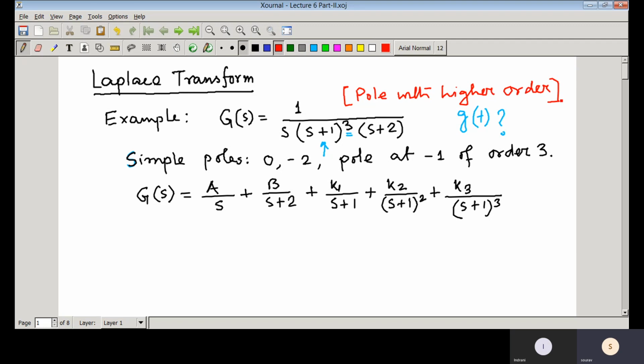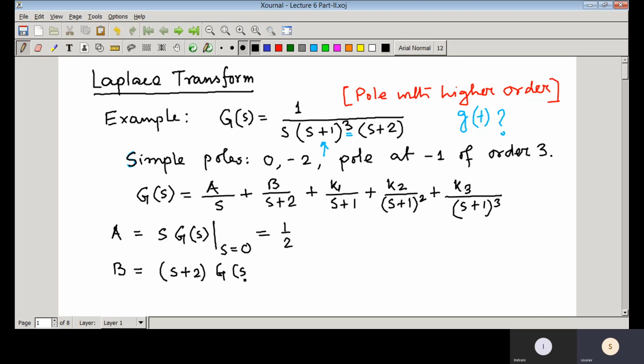Now, applying that Heaviside partial fractional formula, we can find what is A. So A is equal to s G(s), you find it at s equal to 0, so that would be half. Then B equal to (s plus 2) G(s).